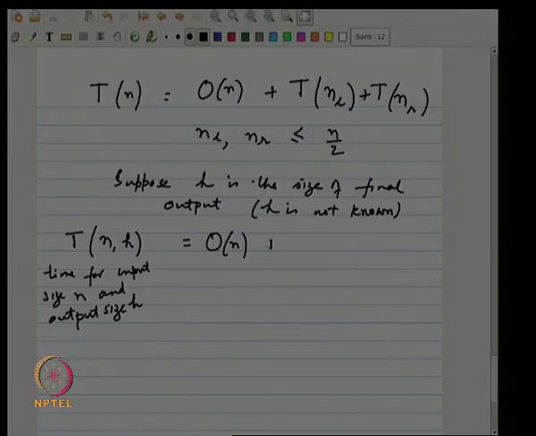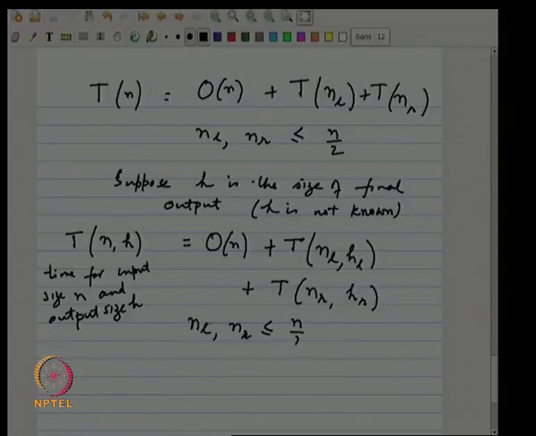But now I can say T of n L comma H L plus T of n R comma H R. I surely have the condition that n L and n R are both less than n over 2.